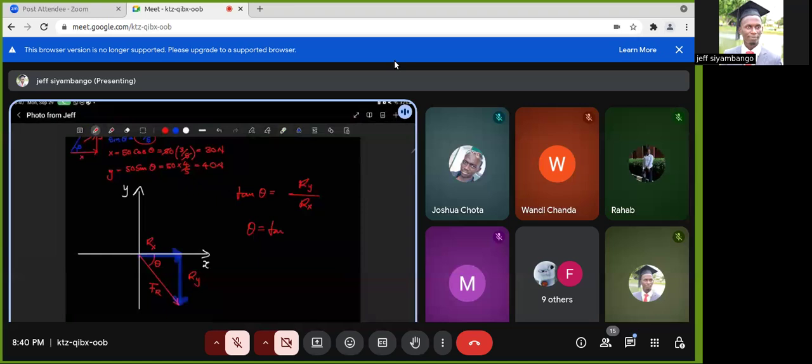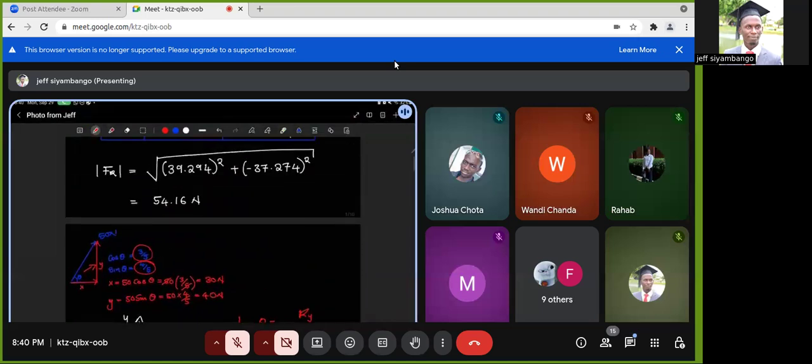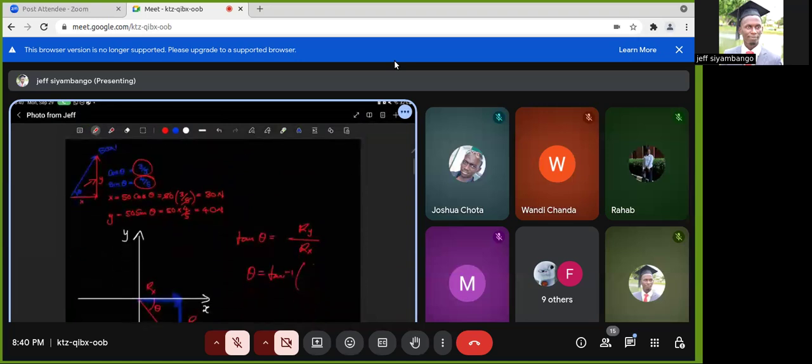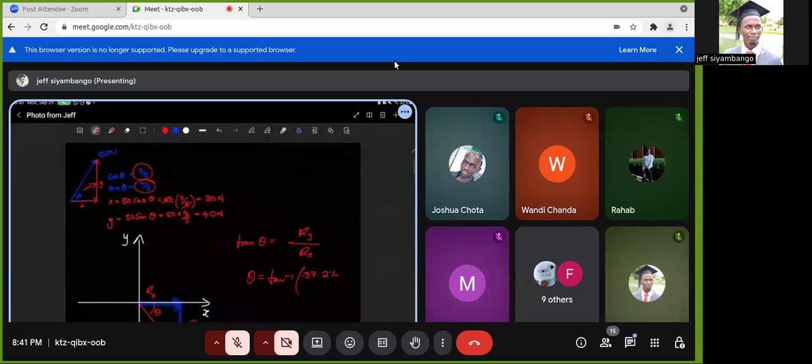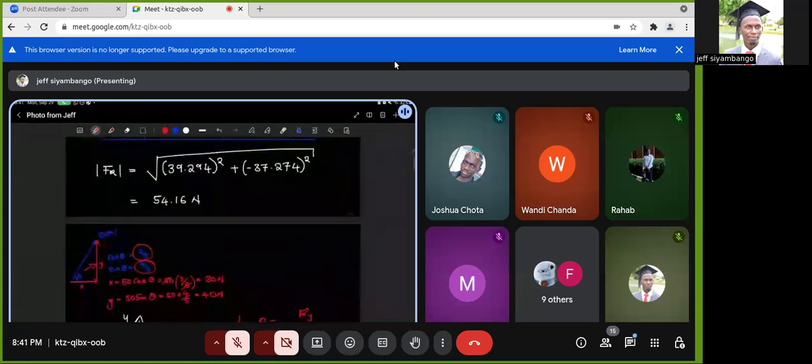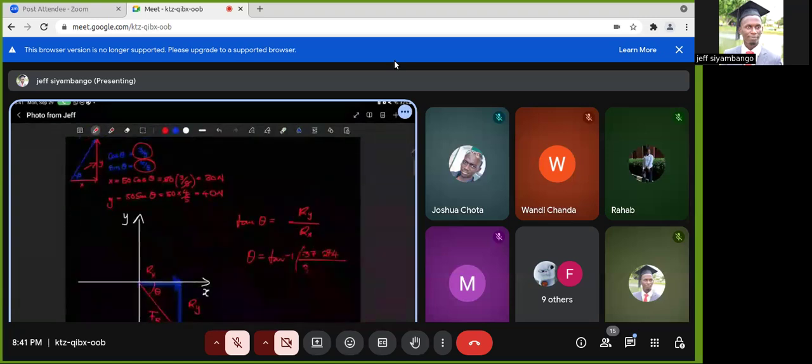So theta is tan inverse of the y component, minus 37.274, over 39.294.